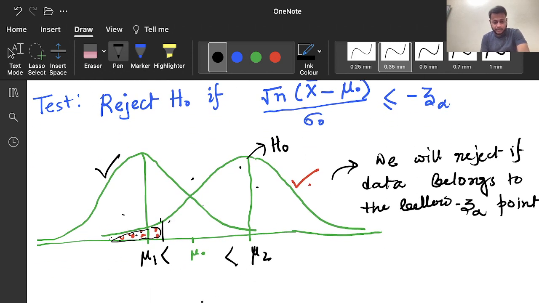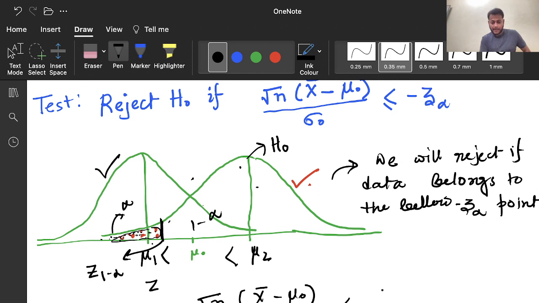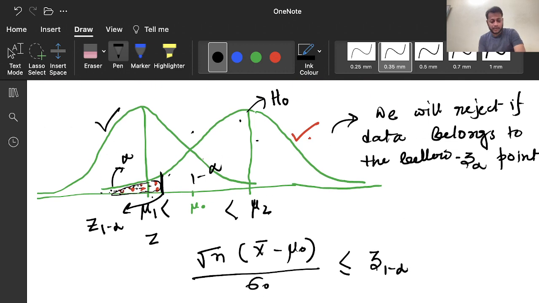That means we reject if the probability of the observed data is less than alpha in this region. So what is this region? If the cumulative probability of this side of the distribution is alpha, then the remaining is 1 minus alpha. So this is the z 1 minus alpha point, and since the normal distribution is symmetric, z 1 minus alpha is minus z alpha. So we reject if root n (x bar minus mu 0) by sigma is less than or equal to minus z alpha.